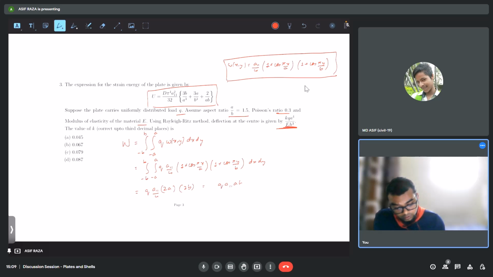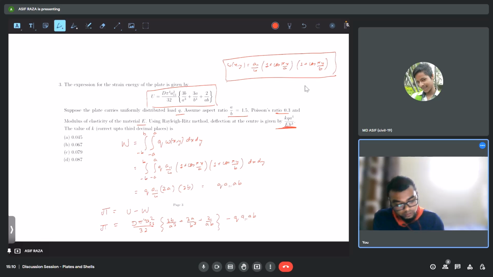Now my potential energy function would be equal to U minus W, so that will be equal to D pi to the power 4 a11 square by 32 times (3b by a cubed plus 3a by b cubed plus 2 by ab) minus q a11 ab. This is my potential energy function.